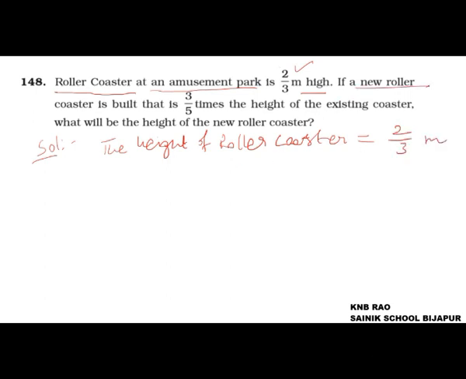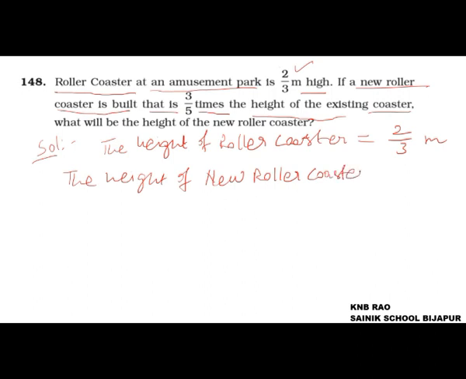If a new roller coaster is built that is 3 by 5 times the height of the existing coaster, so the height of the new roller coaster is 3 by 5 times the old one.